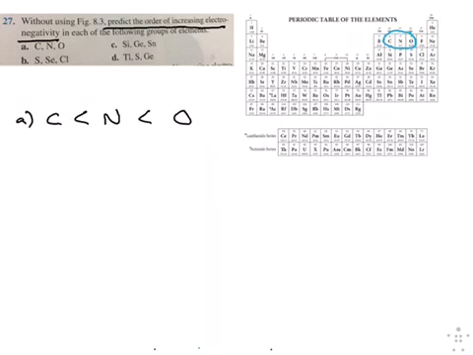As you go across the periodic table, Coulombic attraction is increasing in a period because you have an increasing number of core nuclear charge. For part B, we've got sulfur, selenium, and chlorine. So we're going to go find those. Sulfur, selenium, and chlorine are kind of like these 3.